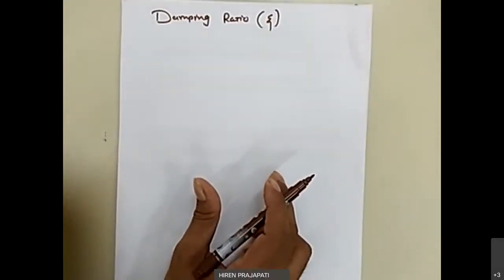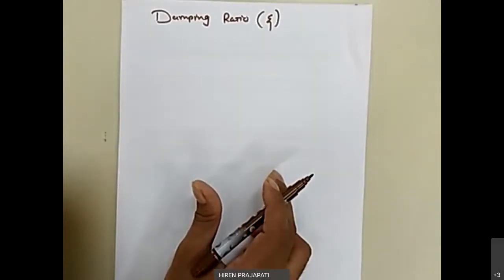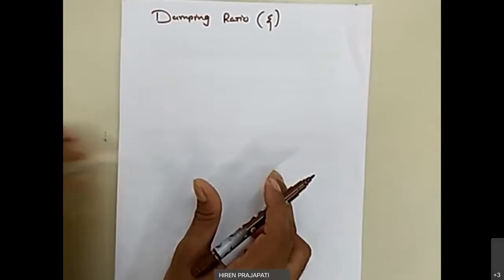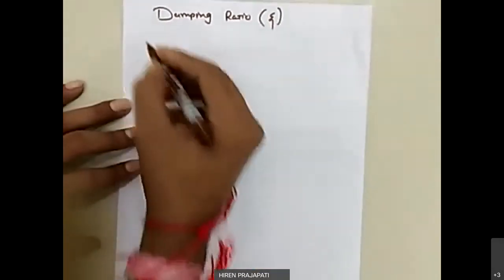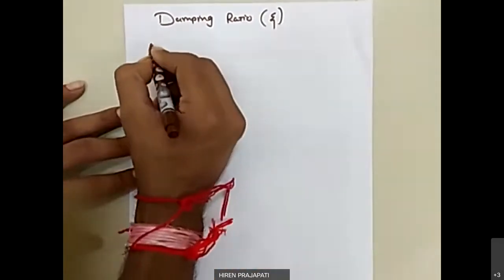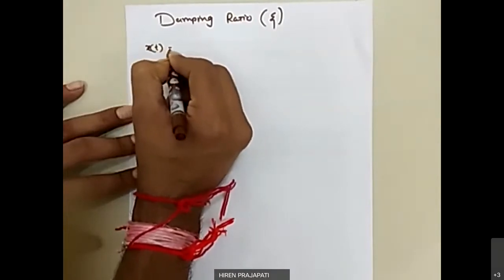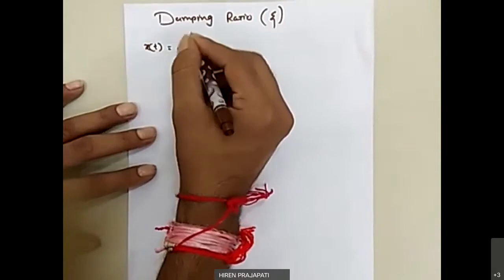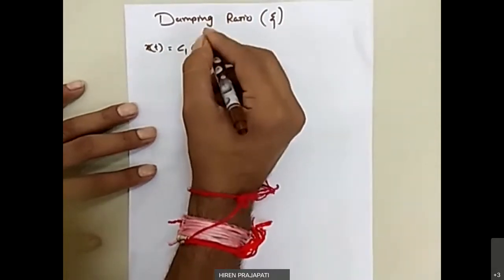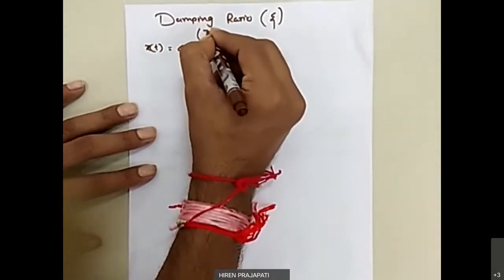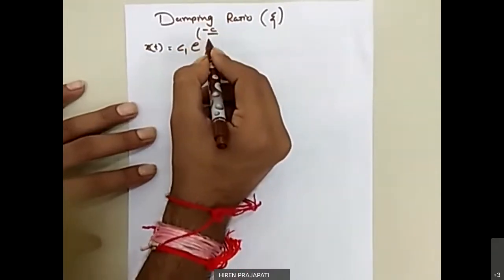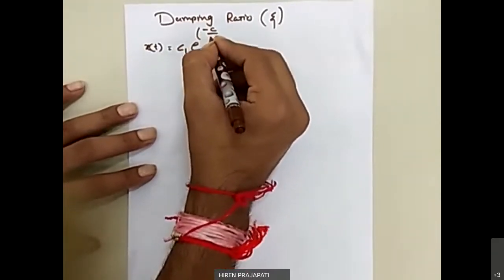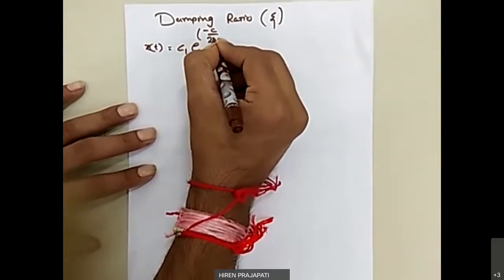Now let me write the complete equation which we derived in the previous session. x of t is equal to C1, a constant, e raised to these roots which I am writing, S1 and S2. So S1 is minus C by 2m.